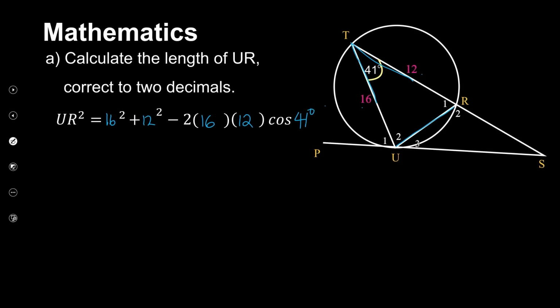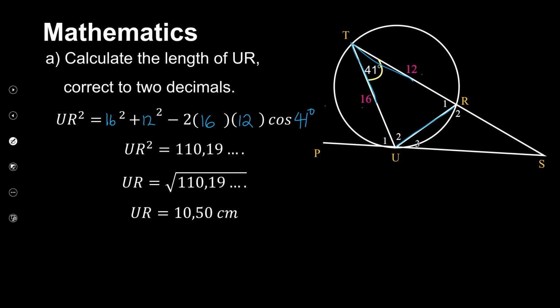So we've got to plonk that in. Okay, we're going to put that into our calculator. We're going to end up with UR squared equals 110,19. Again, we want UR, so we're going to take the square root of this. Taking the square root, we'll get the answer to be 10,50 centimeters. Okay, so now we have a value for UR. UR is 10,5 centimeters.